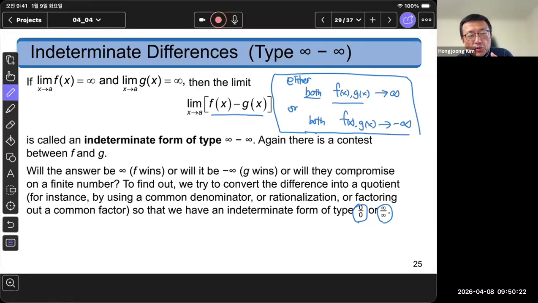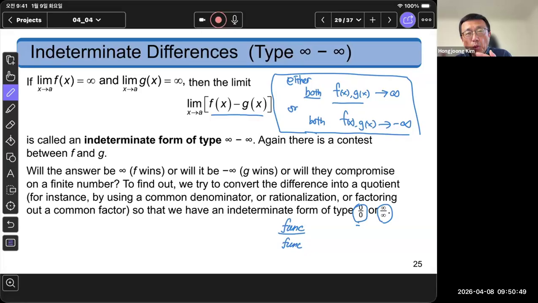I mean, you need to do something so that you have a certain function over another function. You need to convert to some function over another function, and these two functions in the numerator and denominator must be 0 over 0 type or infinity over infinity type.